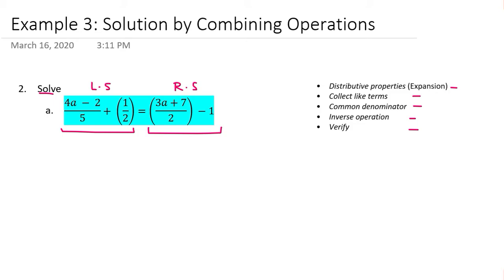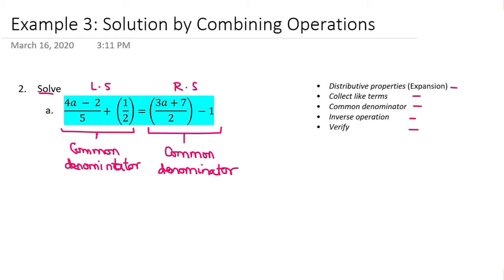So what does that mean? It means that the left side fraction will have its own common denominator, while on the right side we have its own common denominator.